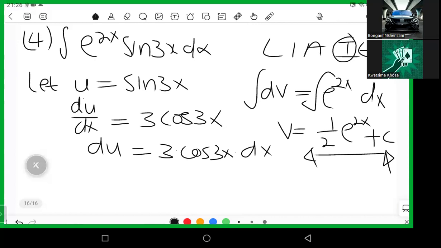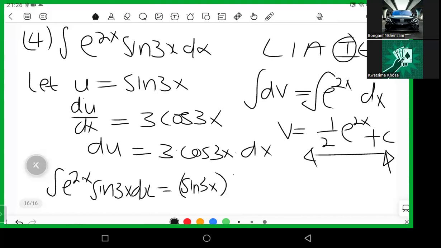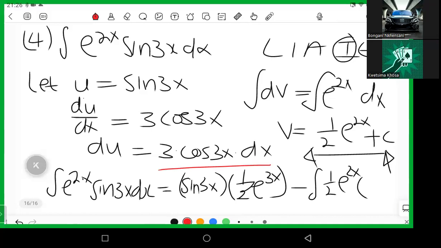Then the only thing left is for us to substitute into the original question. u is sine of 3x, v is 1 over 2 e to the 2x, minus the integral of v, which is 1 over 2 e to the 2x, times du, which is 3 cosine 3x dx.